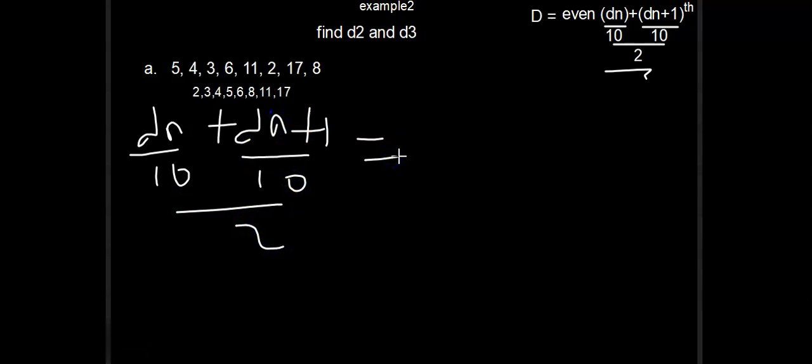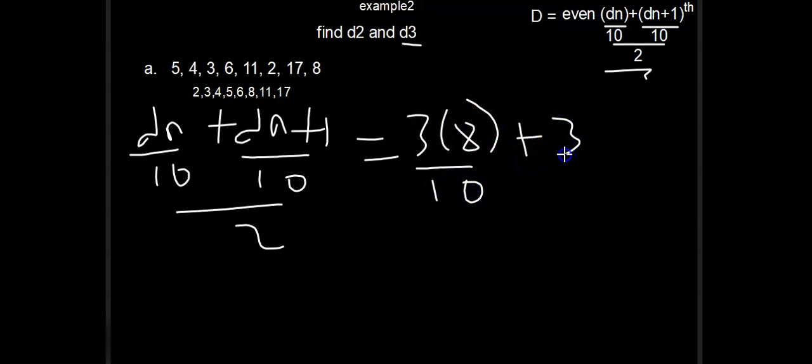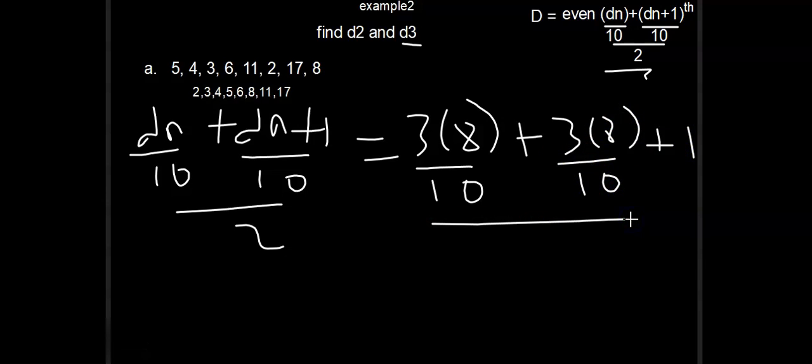So d is 3. It was 2 in the previous question. Now it will be 3. So 3 times by n is what? n is 8, so 3 times 8 the whole over 10 plus 3 times 8 plus 1 the whole over 10, the whole over 2.